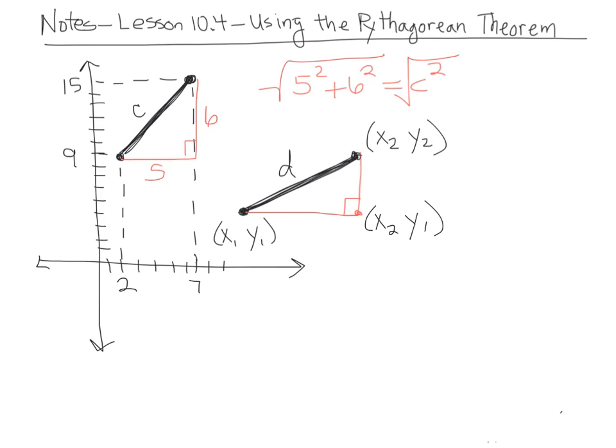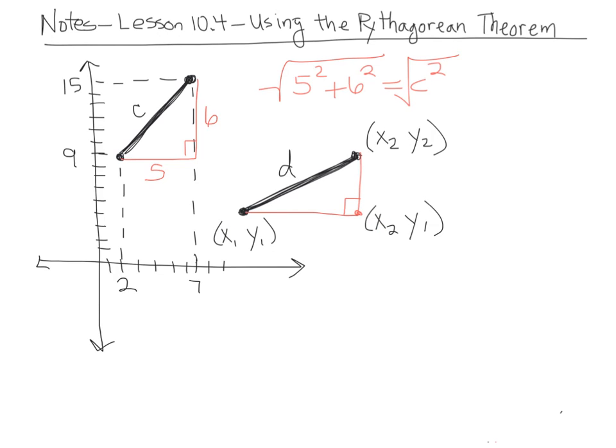Okay, here we go. We can find this distance right here. So how did I find this one? Well, I went from 2 to 7. Can't you just figure that out by going 7 minus 2? What's 7 minus 2? 5. So I took the x numbers, the x coordinates, and subtracted them. So I'm going to take the x's and subtract them.